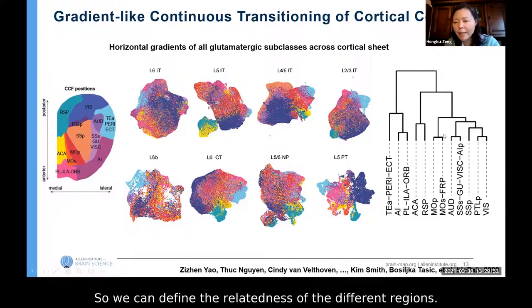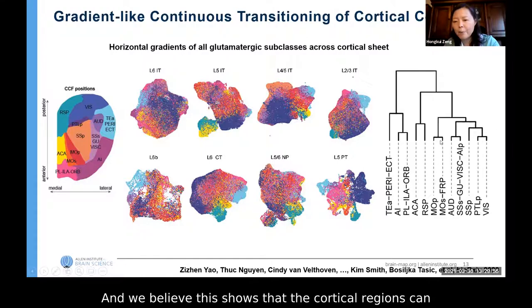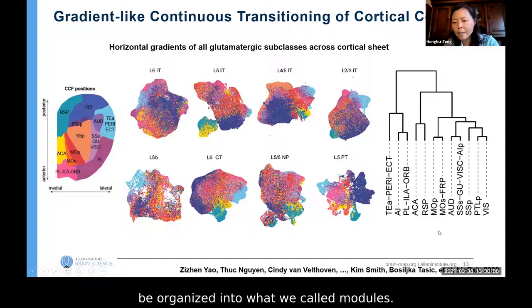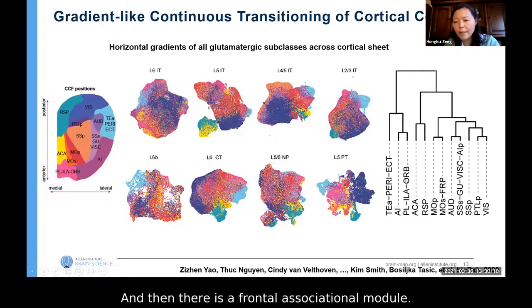So we can define the relatedness of the different regions, and we believe this shows that the cortical regions can be organized into what we call modules. There's a sensory module, there's a motor or frontal module, there's a medial associational module, and then there is a frontal associational module, and finally there's a lateral associational module.